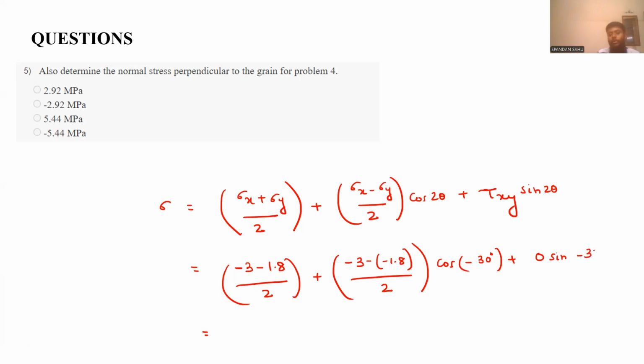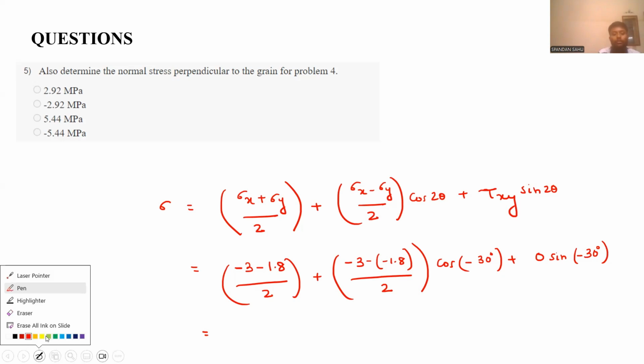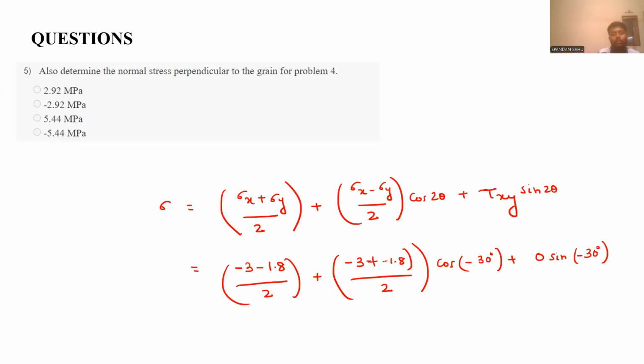Please tell me the values. Negative 2.92.